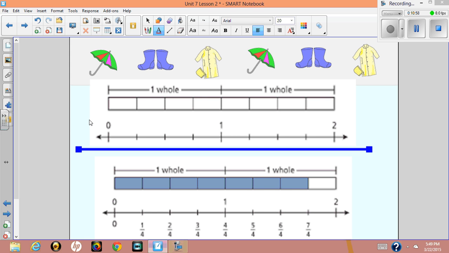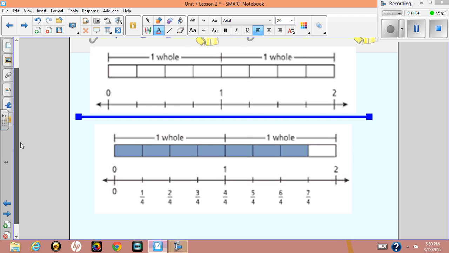Again, here is a representation of what we just did in terms of finding the whole.